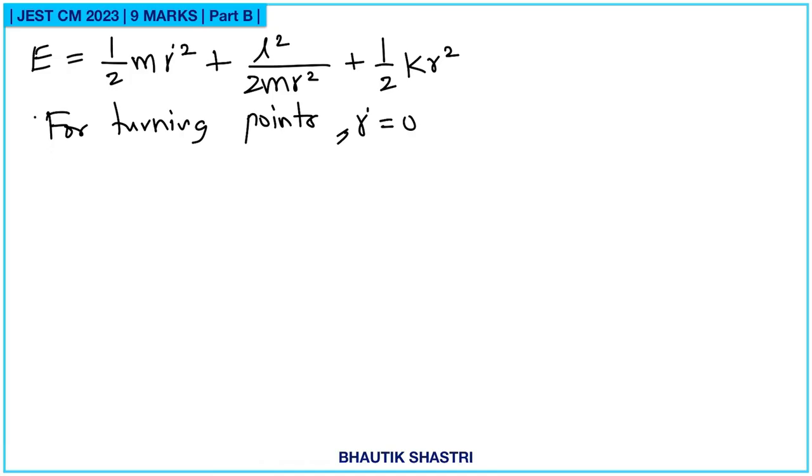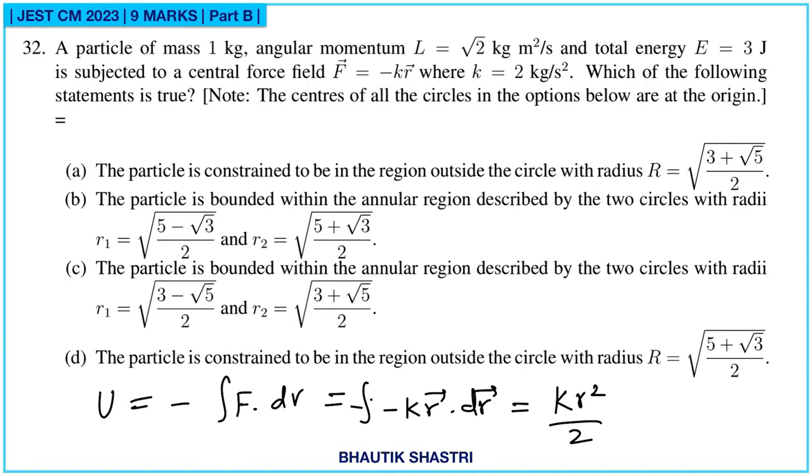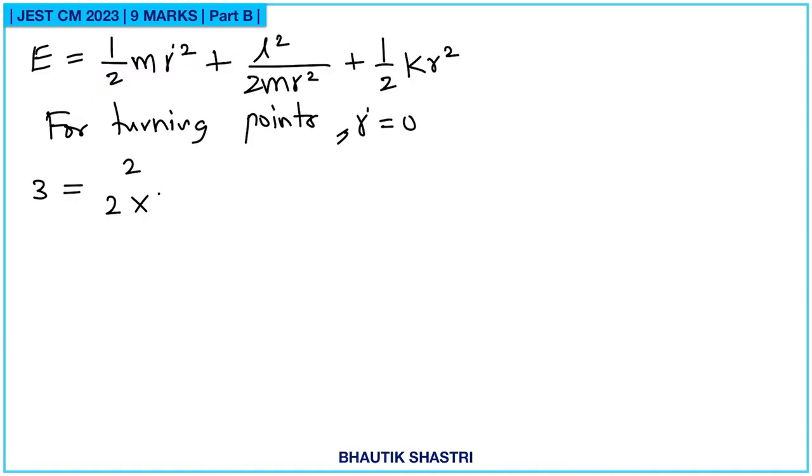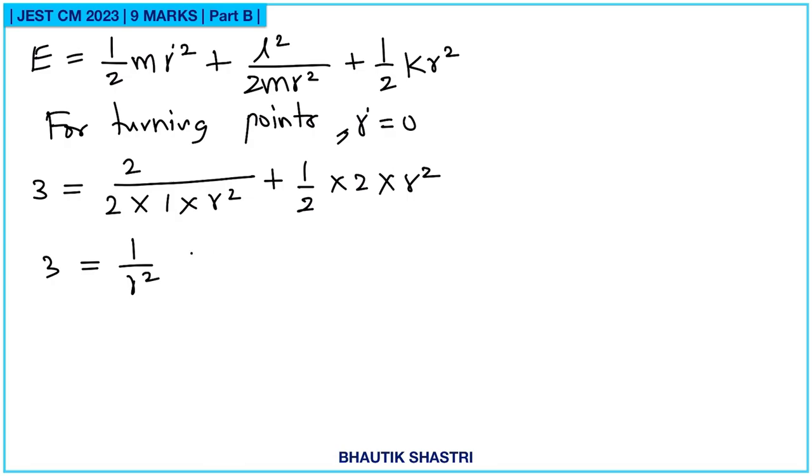So r dot is 0, energy is given equal to 3, first term is 0, L is root 2, so L square is 2, divided by 2, mass is 1 kg, r square, plus half into k, which is 2, into r square. So this will be 3 is equal to 1 by r square plus r square.